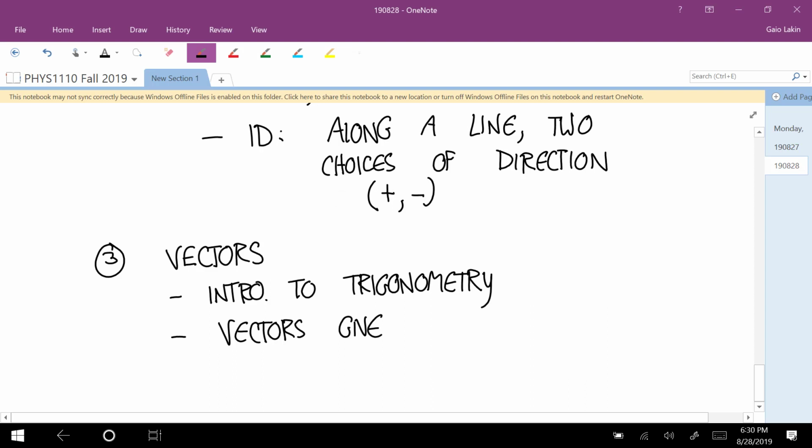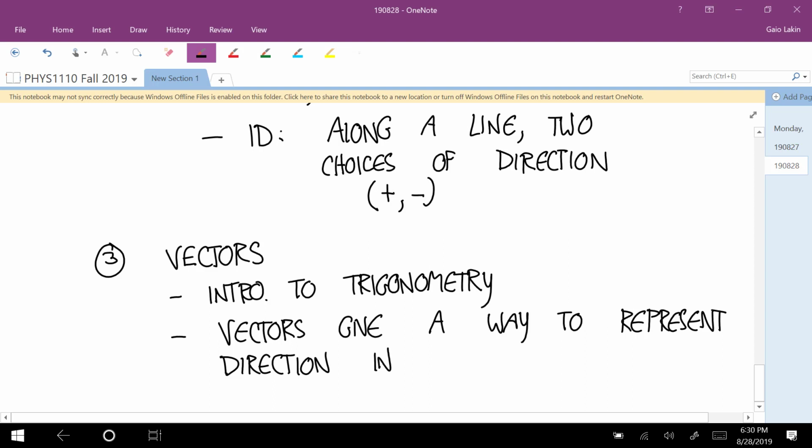Okay, so positive and negative won't work anymore. But vectors are going to be our new way to represent quantities that have direction.